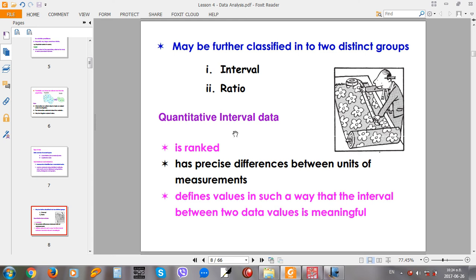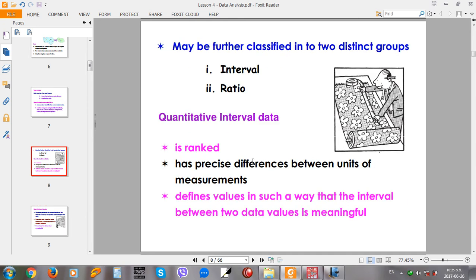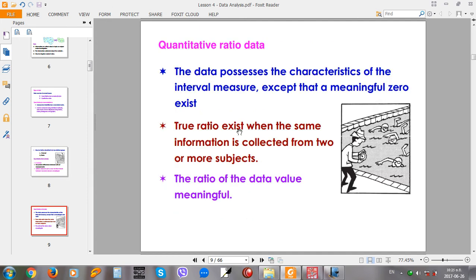Quantitative interval data is ranked. Interval data is ranked, measures a precise difference between units of measurement, and defines values in such a way that the interval between two values is meaningful. Then quantitative ratio data possesses the characteristics of interval measures, except that a meaningful zero exists.